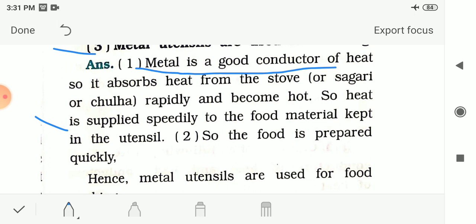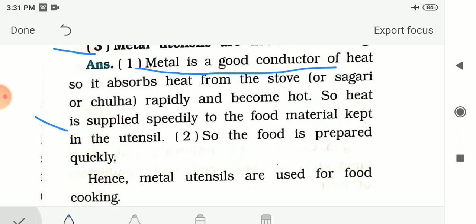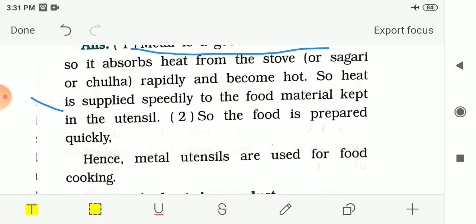So we can provide the heat faster to the food which we are cooking. So the food is prepared quickly. Hence metal utensils are used for cooking food.